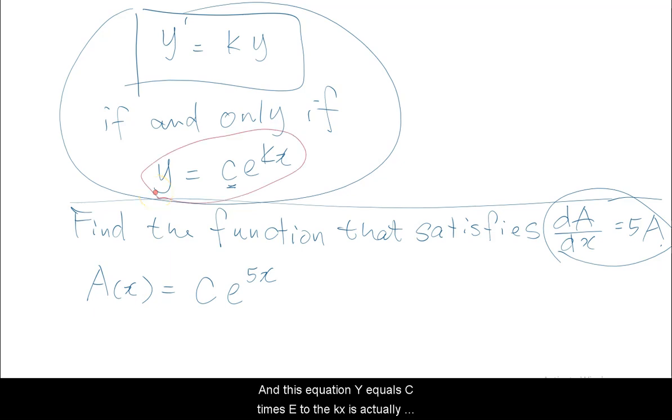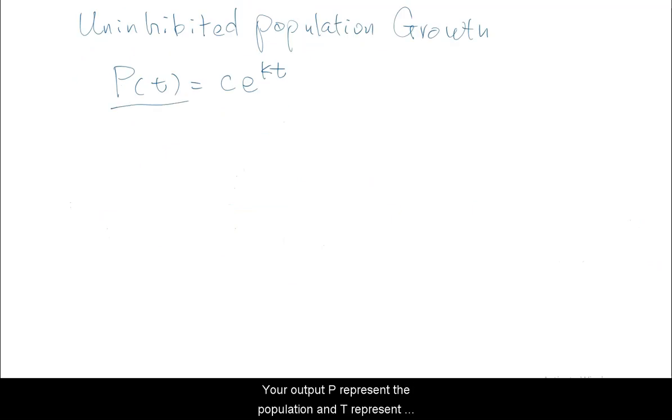And this equation, y equals c times e to the kx, is actually the model for uninhibited population growth. P represents the population and t represents the time.